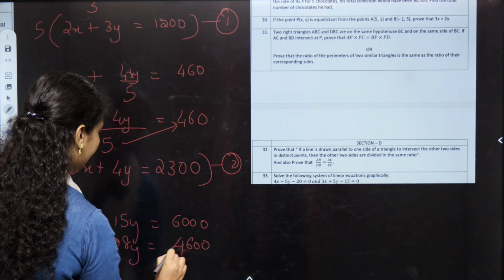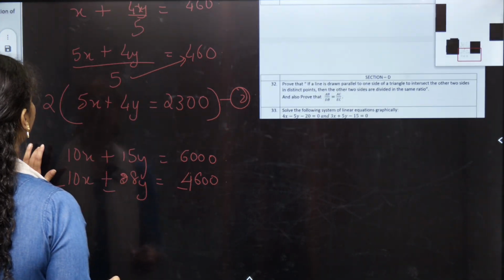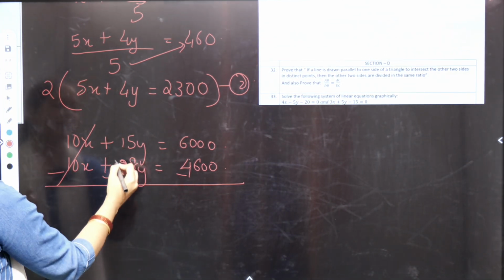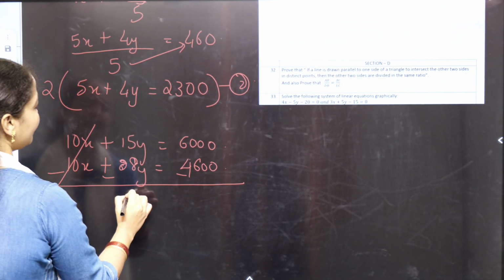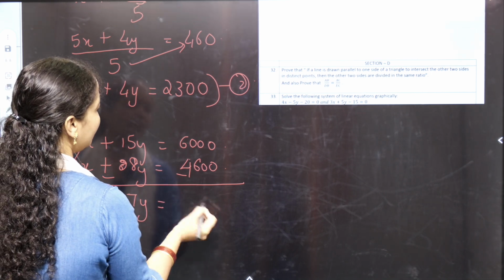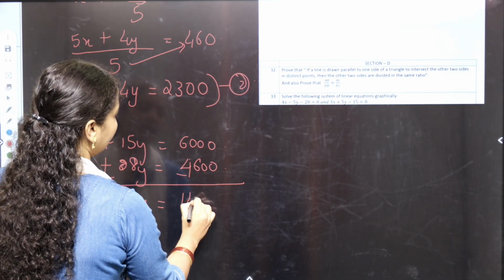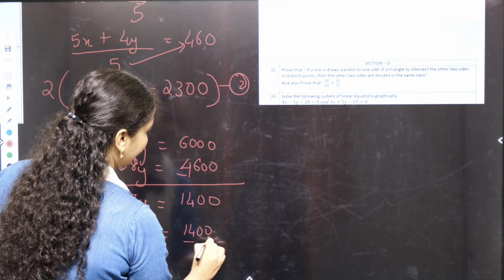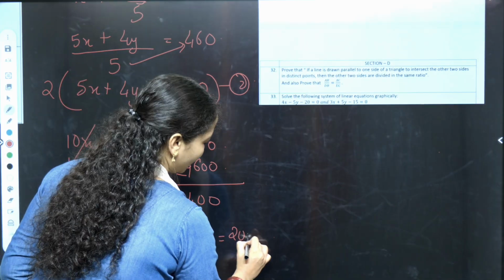As I have to subtract here, when I am changing the sign, 10x is gone, 15 minus 8 is giving me 7y equal to 1400. So y will be equal to 1400 divided by 7, which gives me 200.